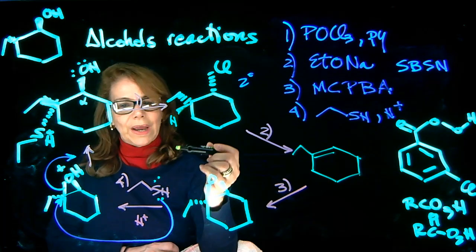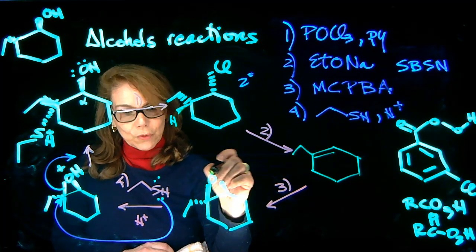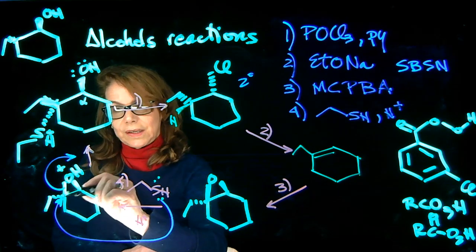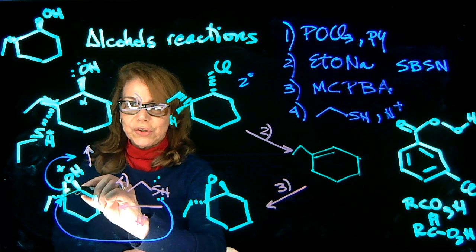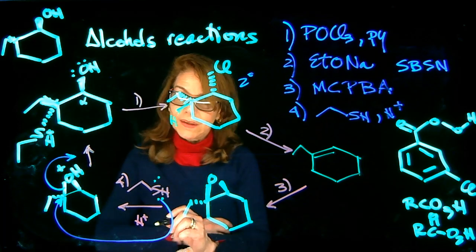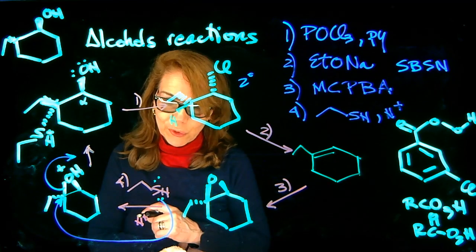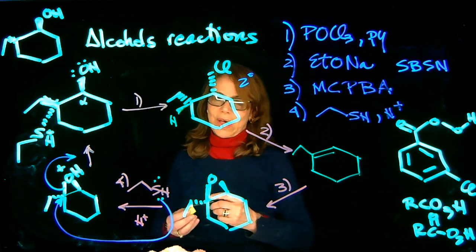Now, if you have the epoxide form here, the two dashes, and then you will have the opposite configuration here, you will have the other product, which will have this on dash and this inverted, so the enantiomer to that.